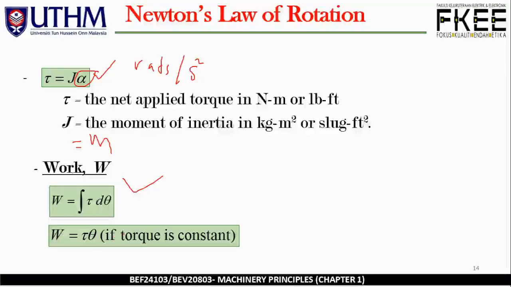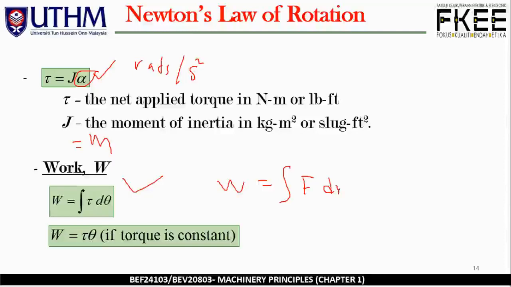However, work in linear motion we can define as the application of force through a distance. So we have W equal to the integration of F dR. This is in linear motion, and we make the comparison to have a better understanding.